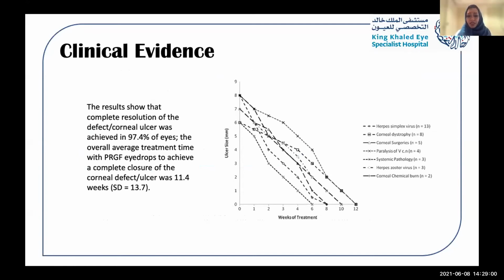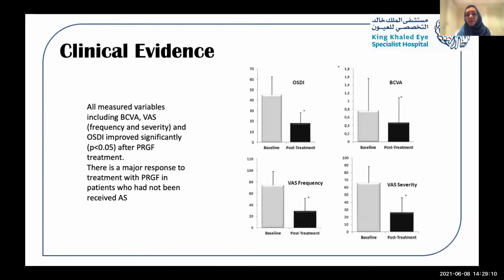And the mean time for this closure was about 11.4 weeks with standard deviation, of course. They measured different outcome variables, not just the closure. They measured also the best corrected visual acuity, the ocular surface index, and all of these. And they all had favorable response with the platelet-rich growth factor.